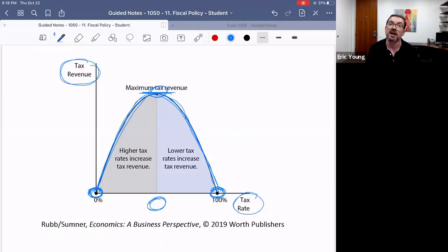Supply-siders, pardon me, they say that one of their goals is to find the specific tax rate that maximizes that tax revenue.